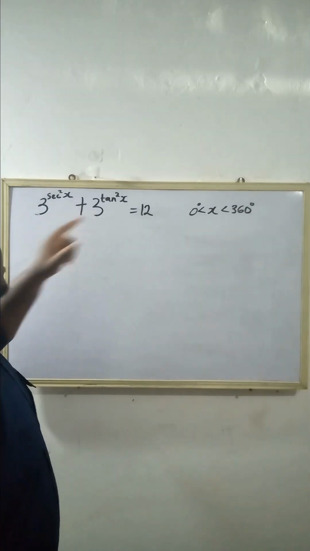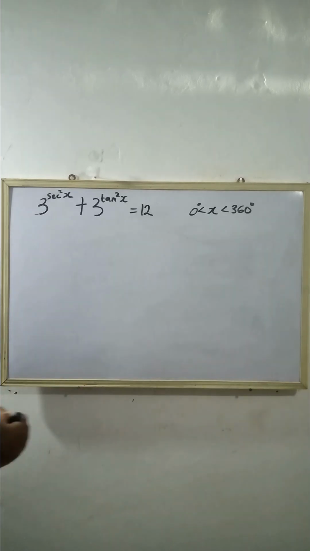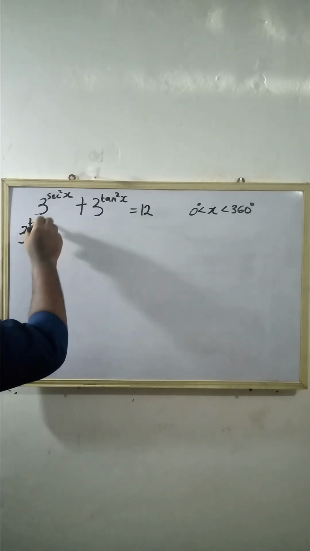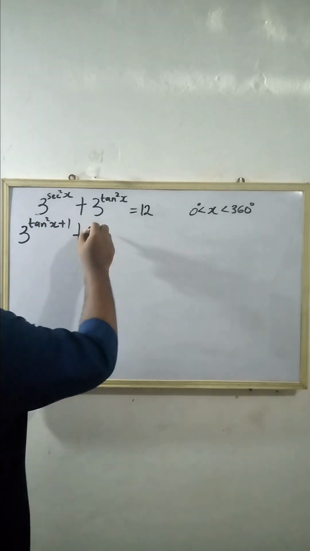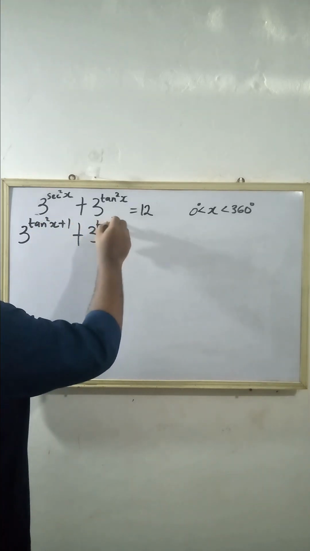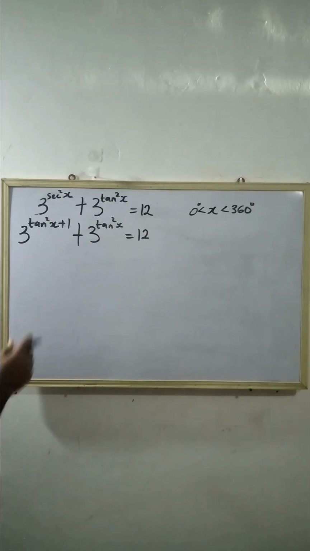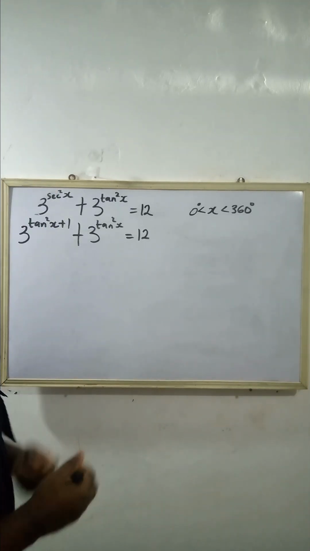So replacing sec squared x by tan squared x plus 1, this equation becomes 3 to the power of tan squared x plus 1, plus 3 to the power of tan squared x, equals 12. We know from the laws of indices that whenever we have powers adding, it can be rewritten as a multiple.